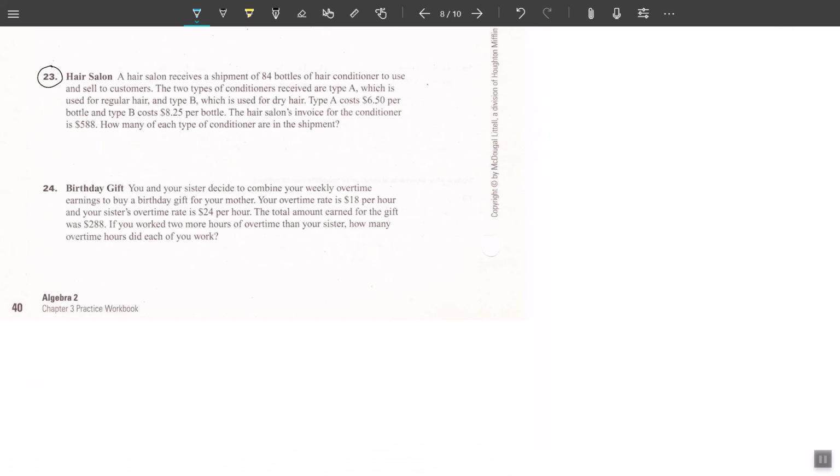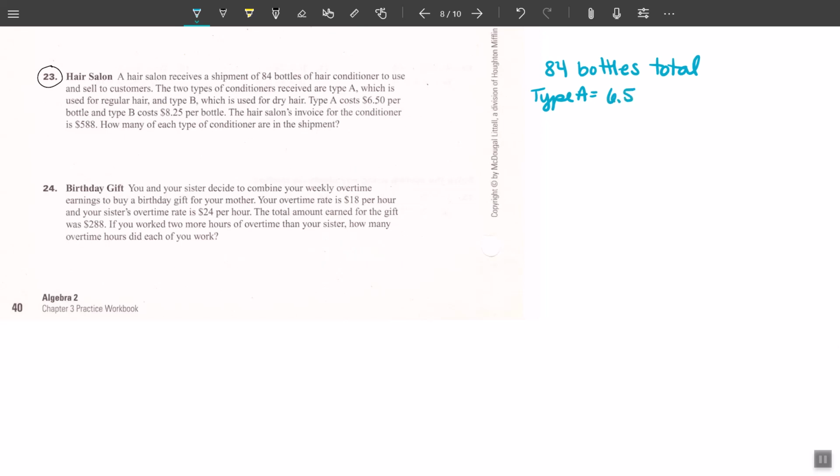So we're going to write out what we know first. That's always the best place to start, just so we can be free to not look at the words in the problem over and over again. We have 84 bottles total. Type A costs $6.50 per bottle.